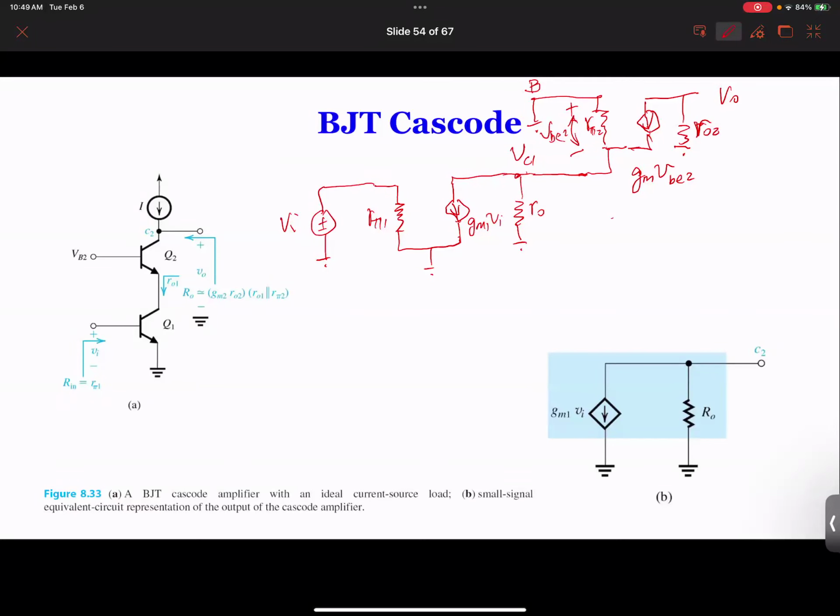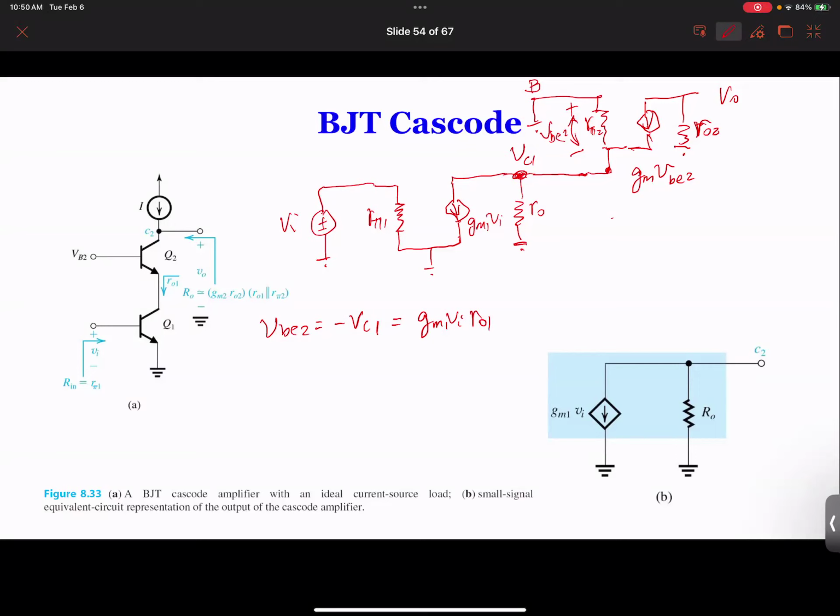So VBE2, I write it here. VBE2 is equal to minus VC1, and VC1 is equal to minus GM1 VI times RO1, so this becomes positive. So that's where you get VBE2.